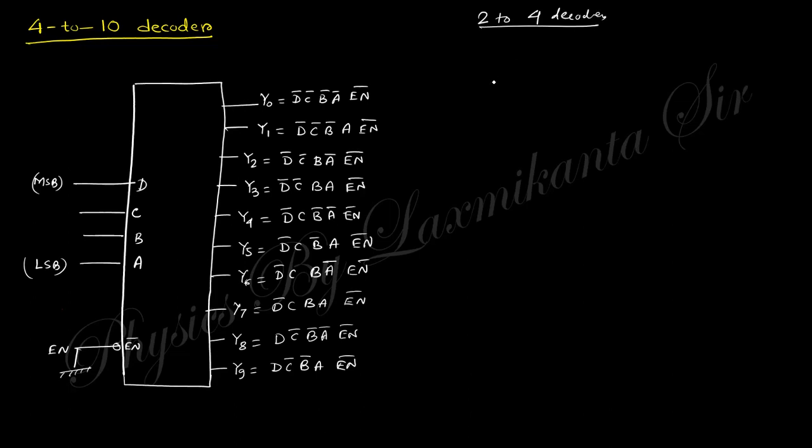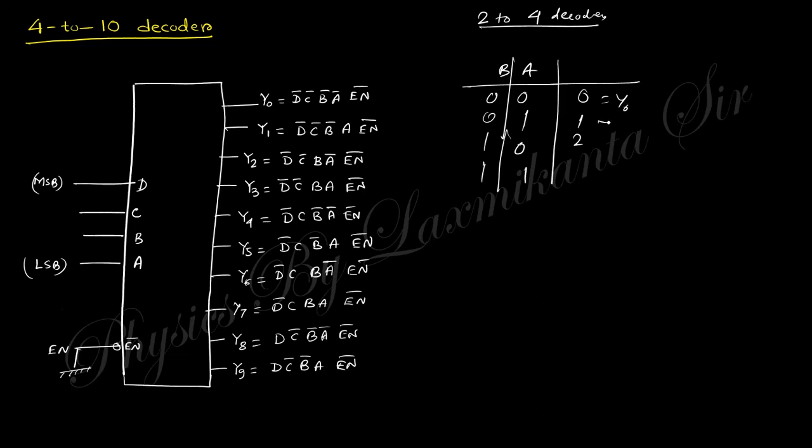A 2 to 4 decoder has inputs A and B, with combinations 00, 01, 10, 11. For the decoder, this is 0, this is 1, this is 2, giving outputs Y0, Y1, Y2, Y3.